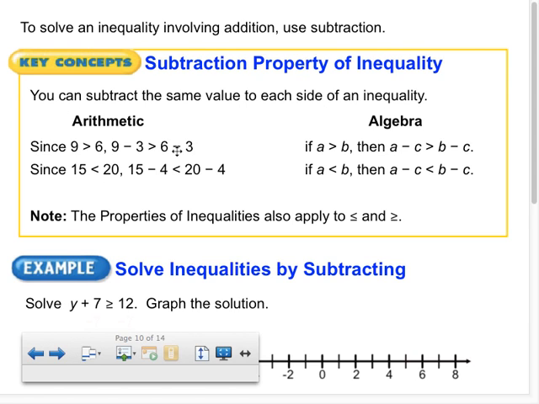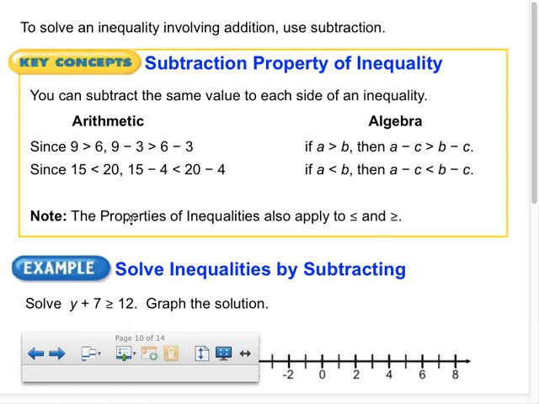Here's an arithmetic example. 9 is greater than 6. If I subtract 3 from both sides, I still have a true statement. Algebraically, if A is greater than B, and I subtract C from A and from B, it's still true. Same goes for less than. If 15 is less than 20, and I subtract 4 from both sides, I still have a true inequality.